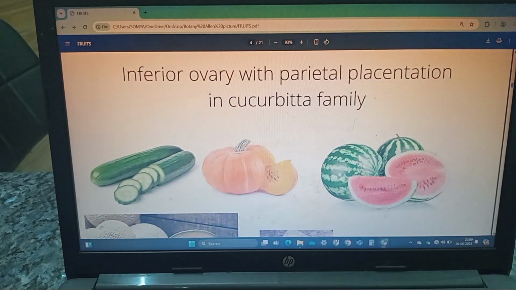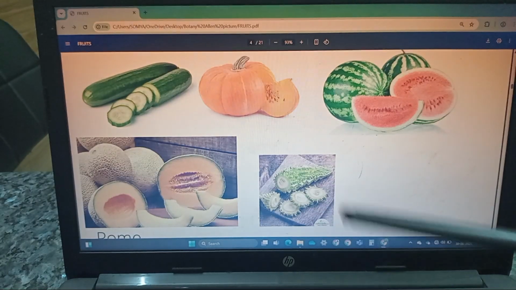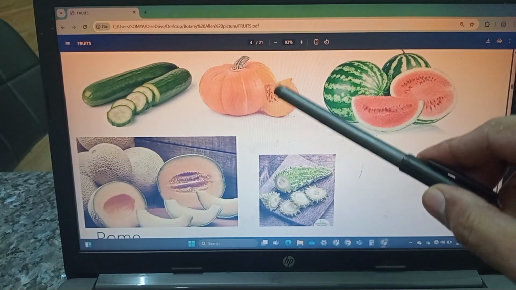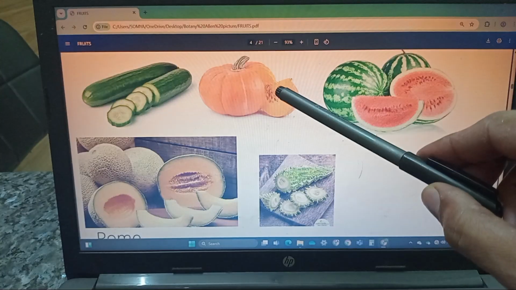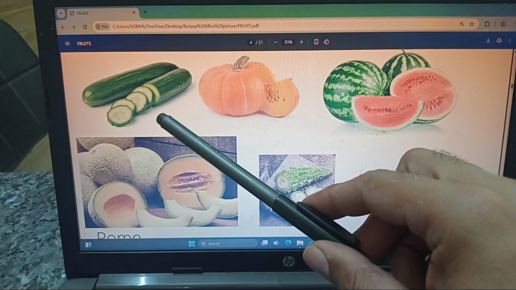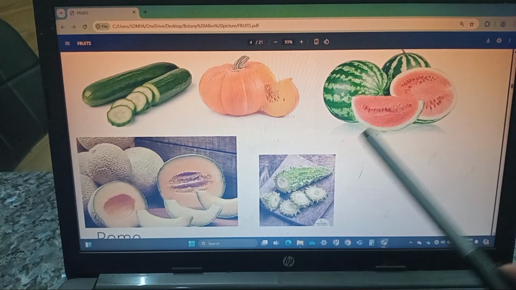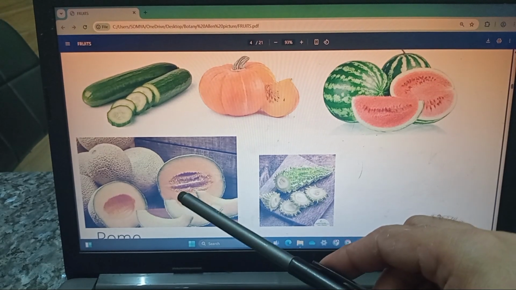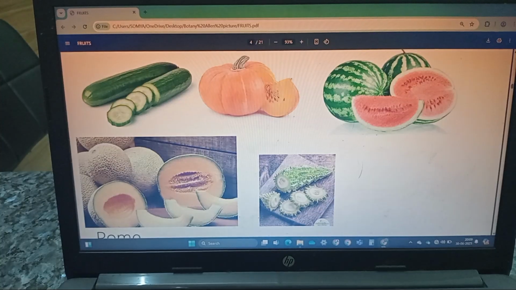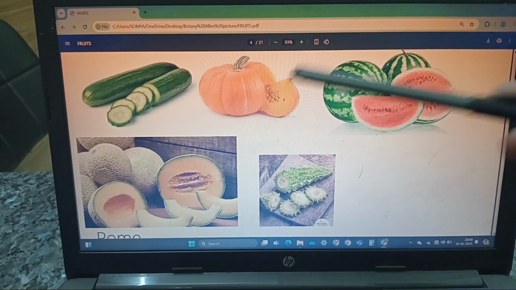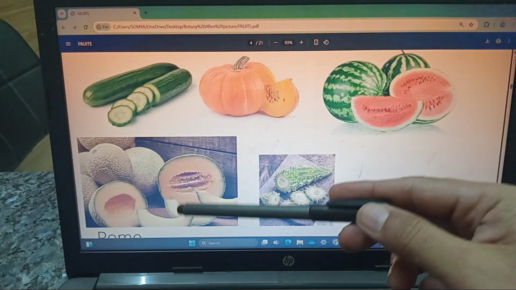Second fruit is pepo. These all are pepo. In pepo there is parietal placentation. In the cucurbita family, cucumber, karela, all these are pepo: pumpkin, karela, watermelon, muskmelon.